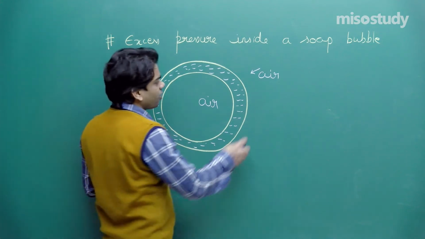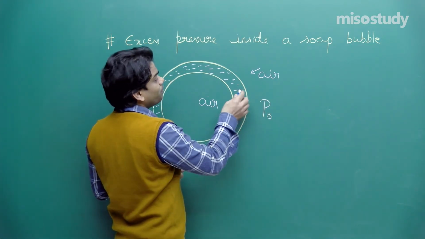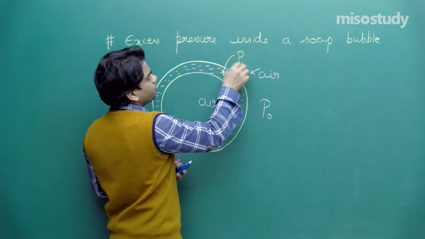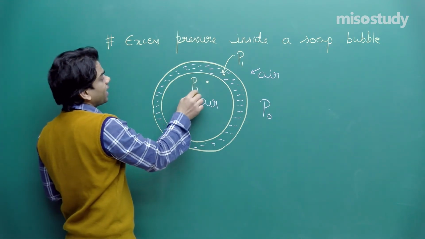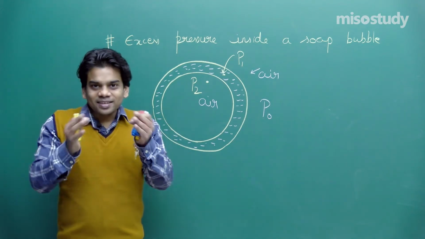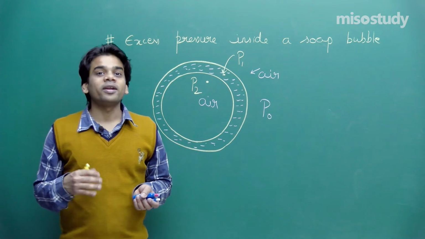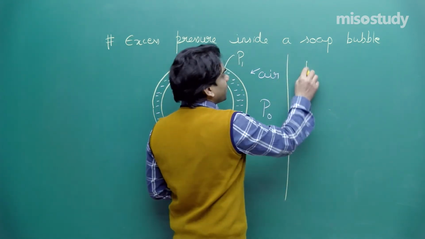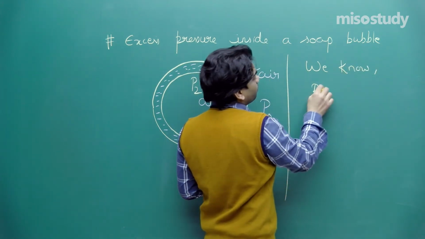Let's say we have pressure here as P0, and pressure here as P1, and let's say we have pressure inside the drop as P2. We all know this. Now we all know that the pressure inside the concave surface is in excess, and excess by an amount 2s by r.